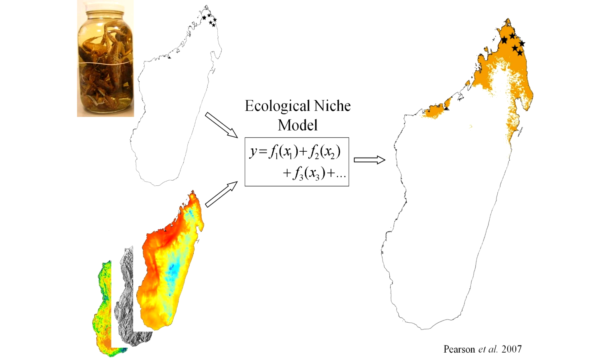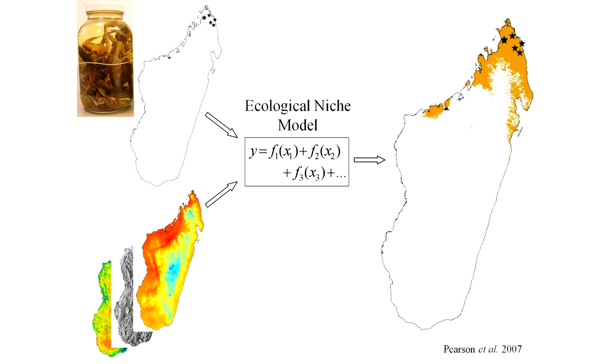Okay, so we know something about the distribution and we know something about the environment. So what we're going to do with this correlative distribution model, SDM or ENM, ecological niche model, is say something along the lines of: the probability of a species occurring at a particular point in space is some function of the environmental conditions at that locality. This is just a very generic form.